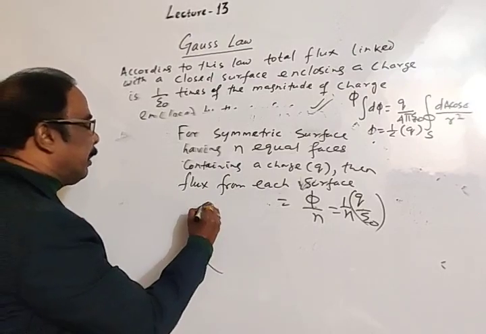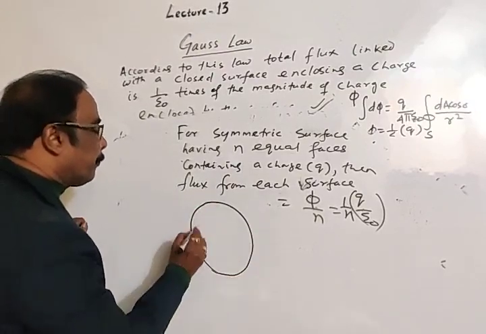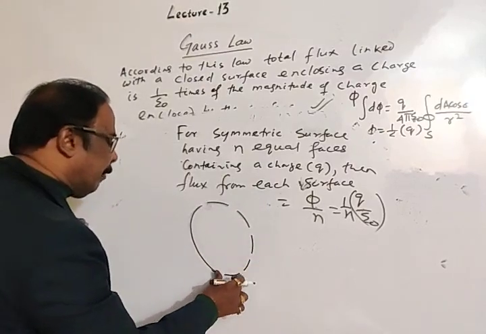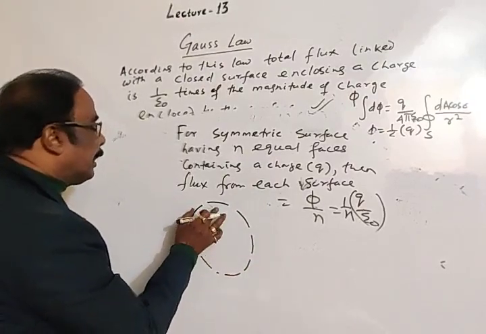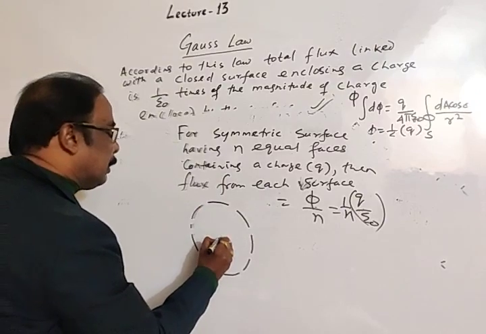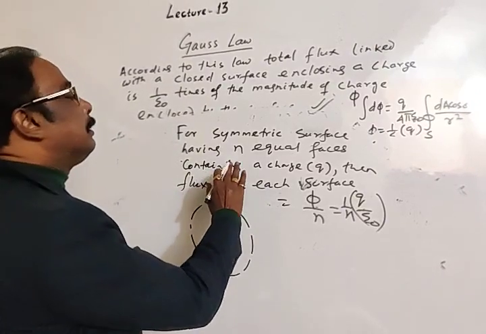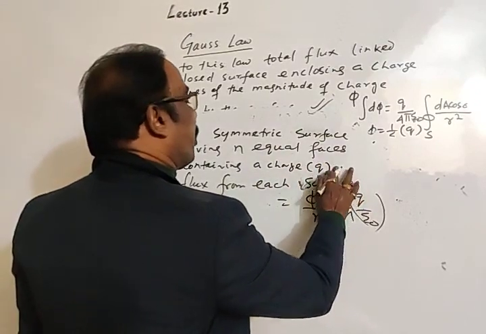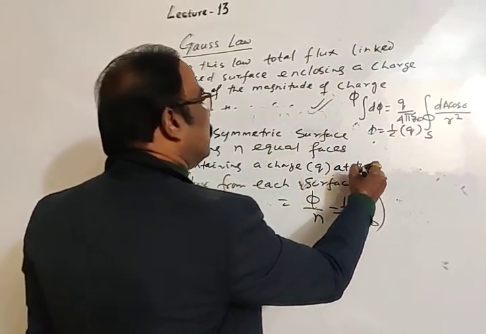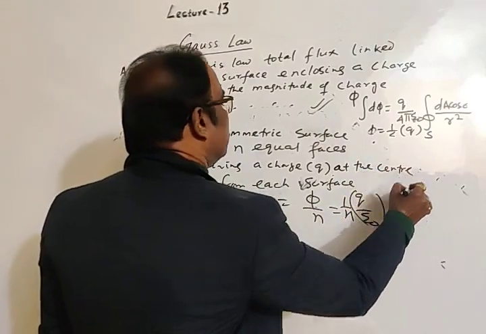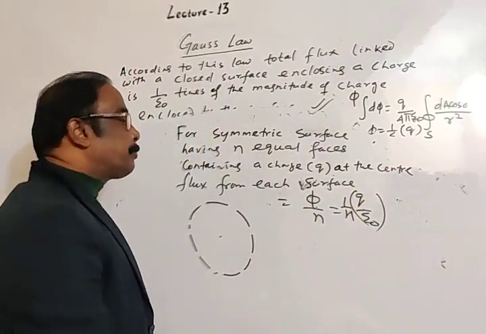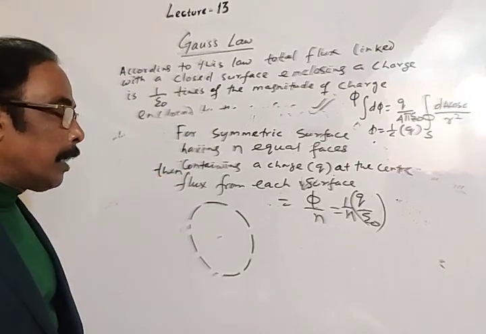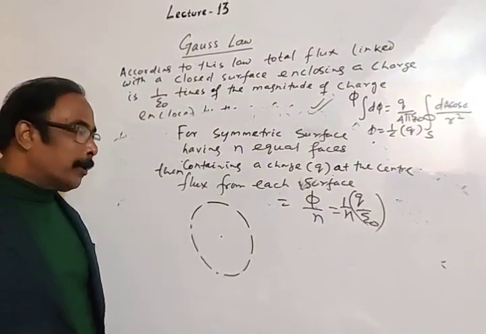Suppose this is a spherical surface, any imaginary spherical surface. Again on the condition that charge q is at the center, the symmetric surface has flux from each face equal to 1 by n times the total flux.